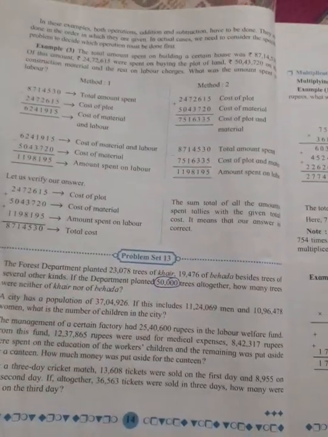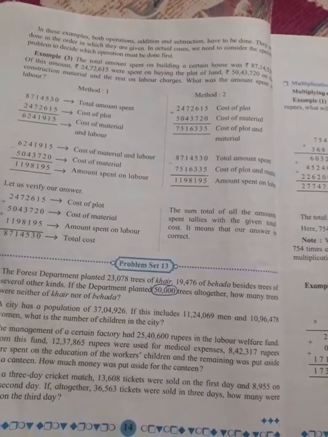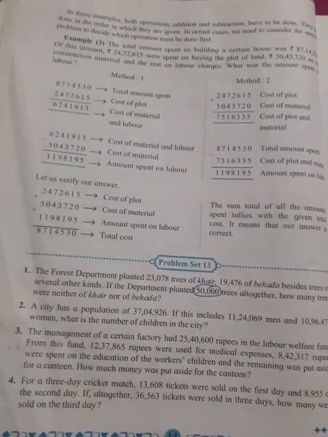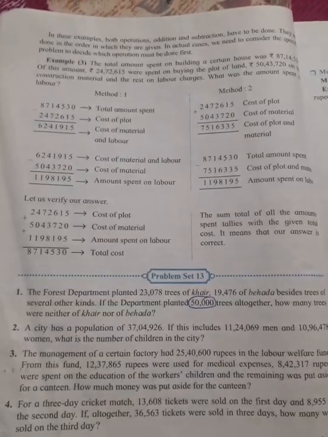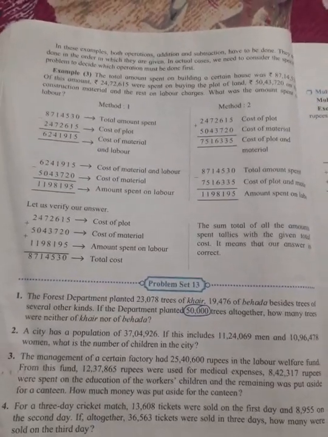Means along with these two, they have planted more trees also, which they didn't mention the name of. So they have planted three kinds of trees. First is Kher, second one is Bihara, and third one we don't know.